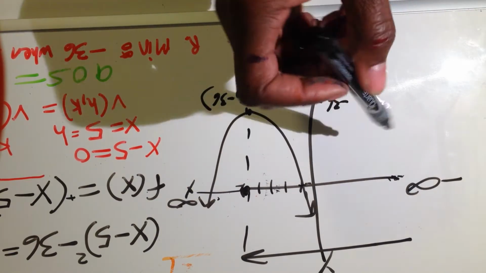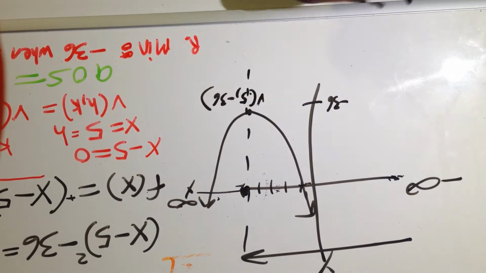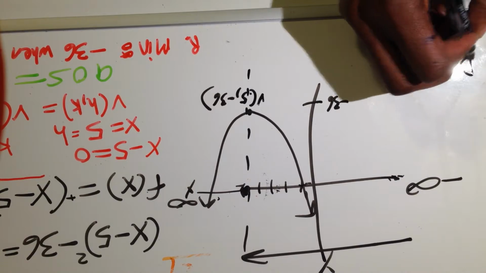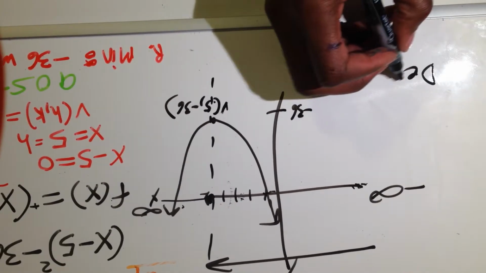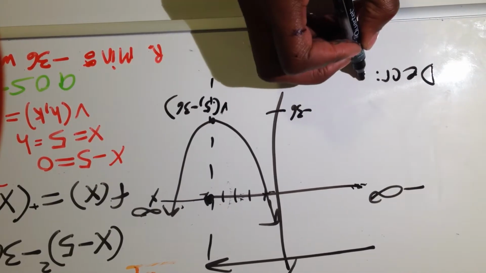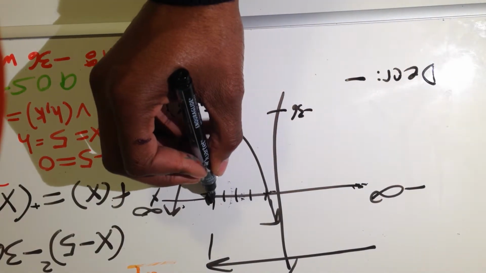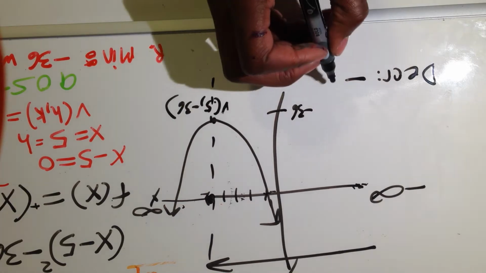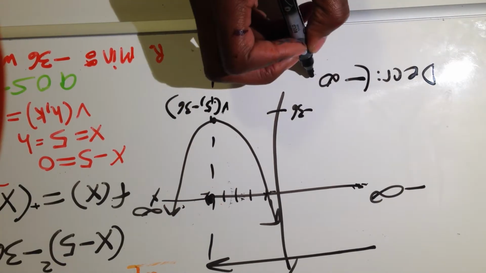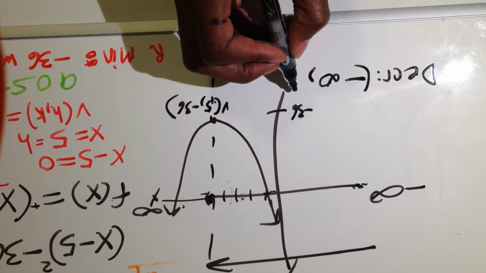So the function is decreasing from negative infinity to 5.